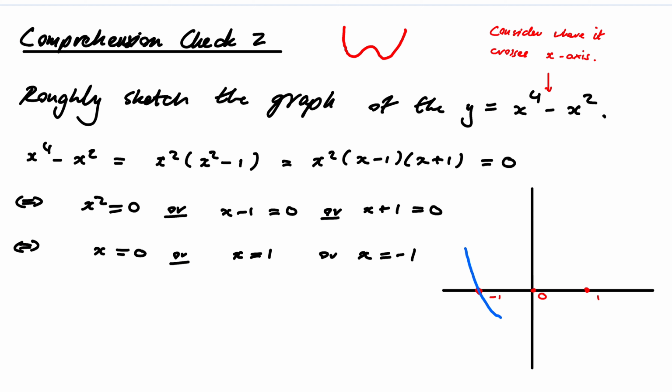I've got to have a 0 here, but I've got to turn around at that point and go back down. I have to be symmetric. So I have to look like this.